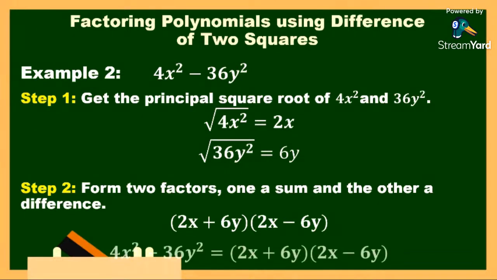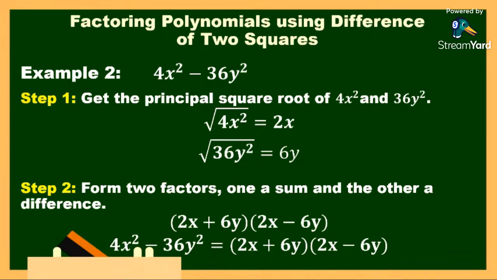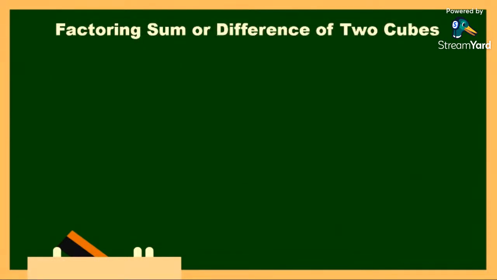Therefore, the polynomial 4x squared minus 36y squared has the factors of the quantity 2x plus 6y times the quantity of 2x minus 6y. Next is factoring sum or difference of two cubes.